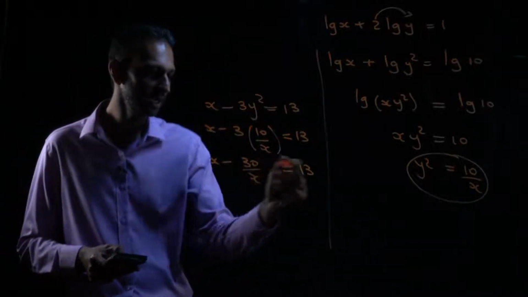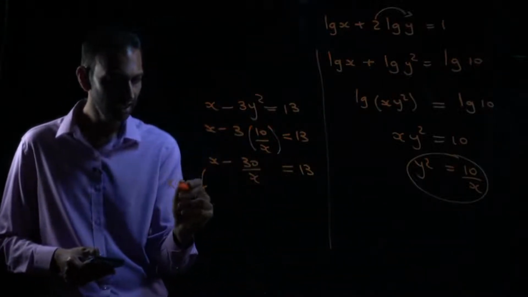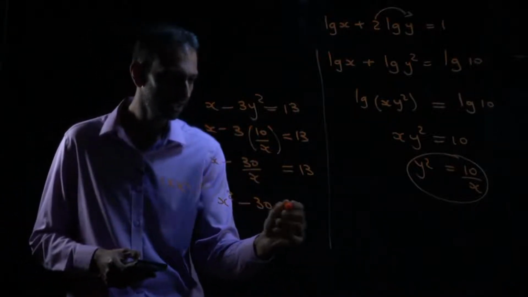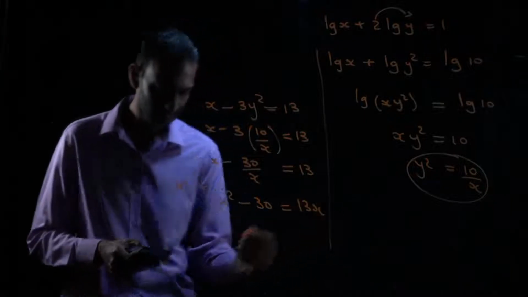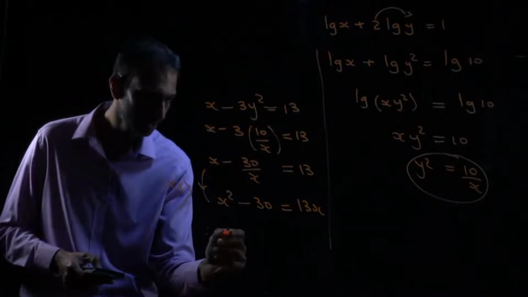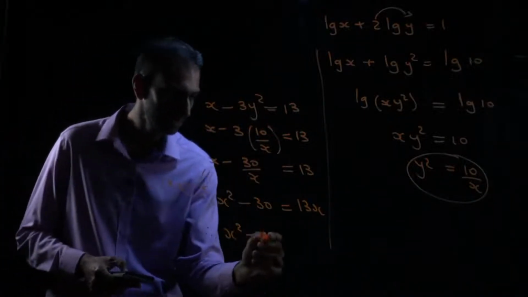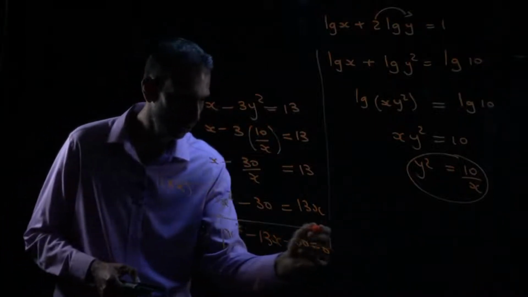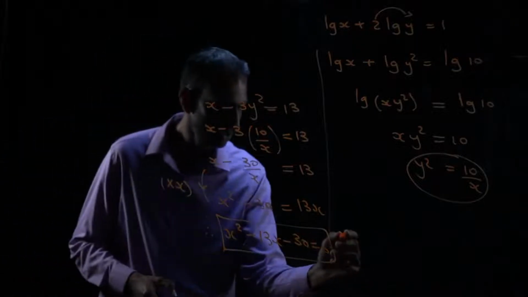If I multiply each term by x and I rearrange, I should have x squared minus 30 is equal to 13x. Let us now rearrange. Therefore, x squared minus 13x minus 30 is equal to 0. Work is done. We've been able to show it.